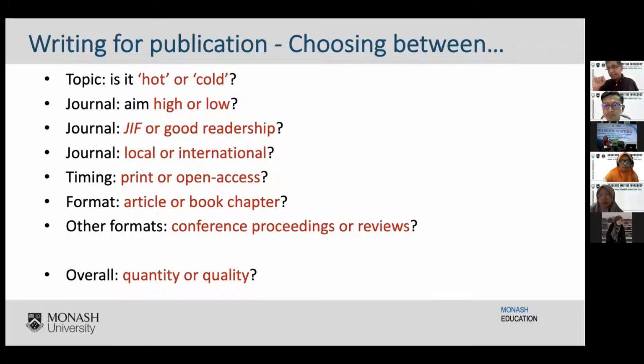So the editor will directly speak to you and say, the book is about this, and I want you to make references to the main theme of the book so that we can accommodate your book chapter. So in some ways, writing a book chapter for an edited book might be easier for some of you than writing an article for a journal.